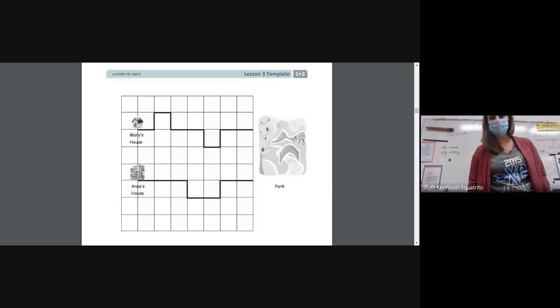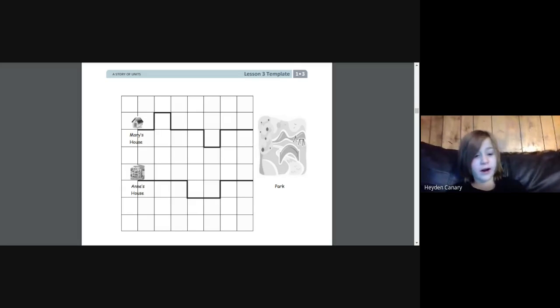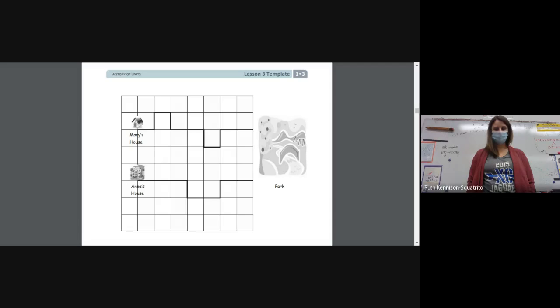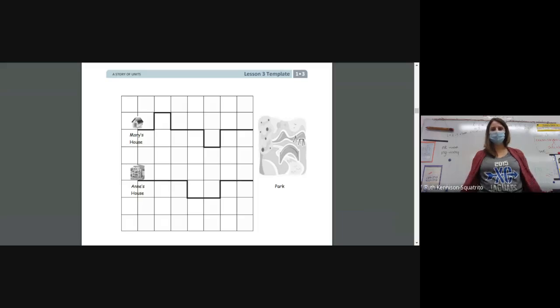Miss Hayden, how do you think you could measure how far each path was? So if I had the thing, I would look at it and see how long it is. It's in front of you. I'm presenting it on my screen, so you do have it. You're looking at what everybody else is looking at.